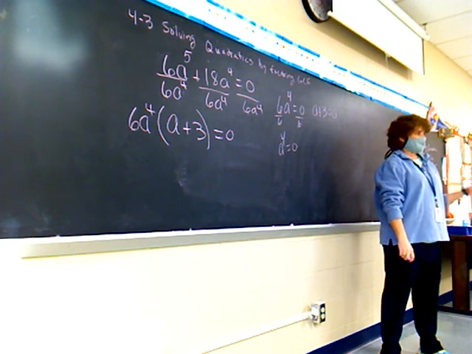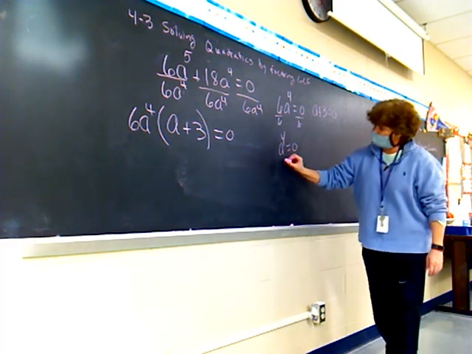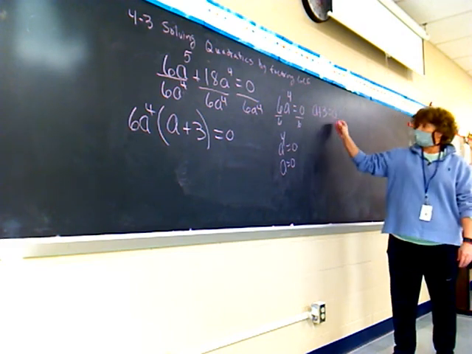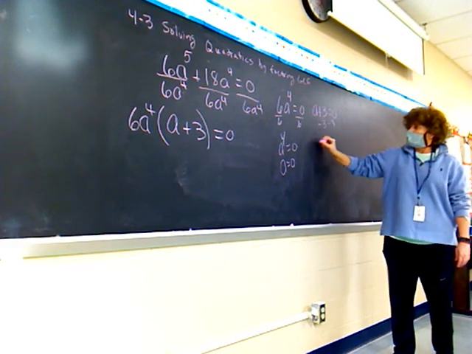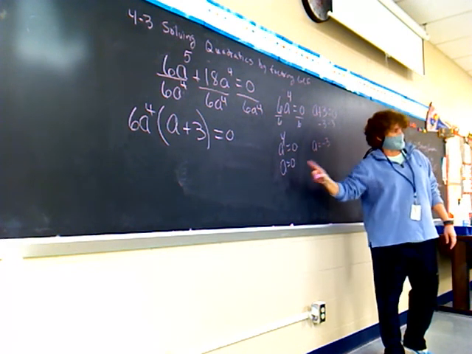So what can I multiply by itself 4 times and still get 0? 0. So this is a equals 0. There's one answer. Here, I'm going to subtract 3 from both sides. We're going to get a equals negative 3. There's the second answer. That's where this is going to cross the x-axis.